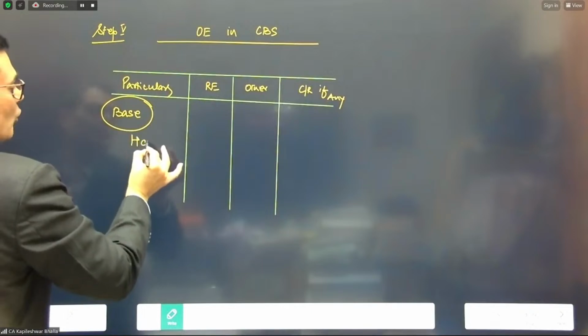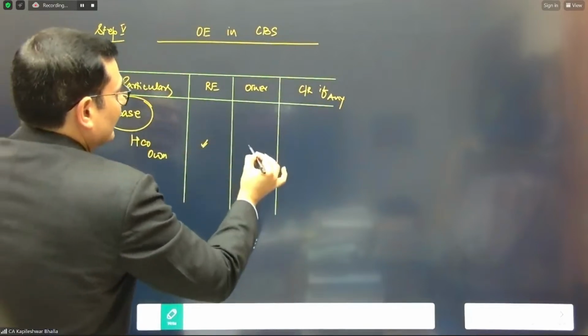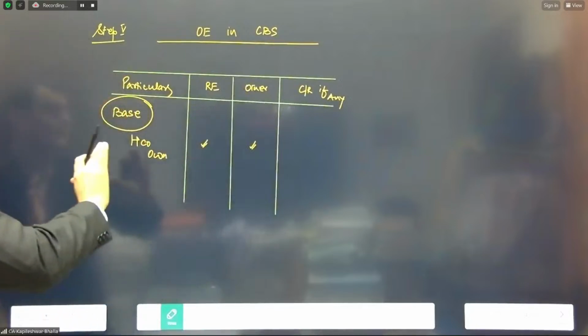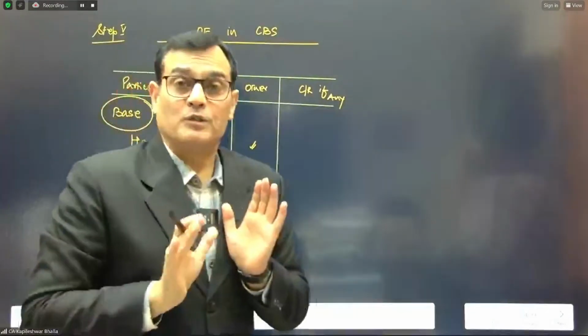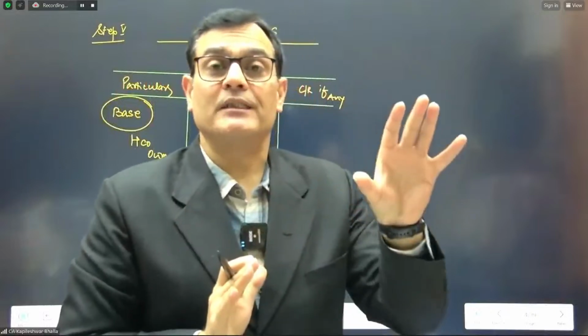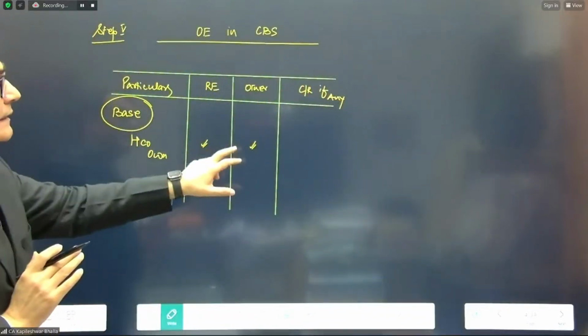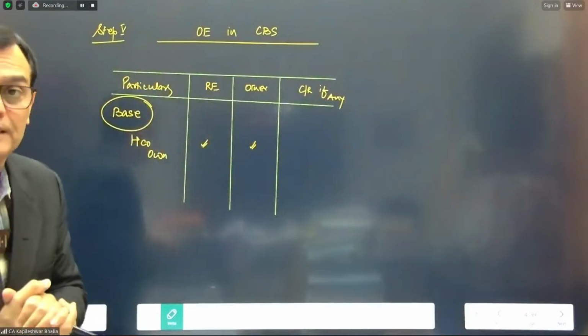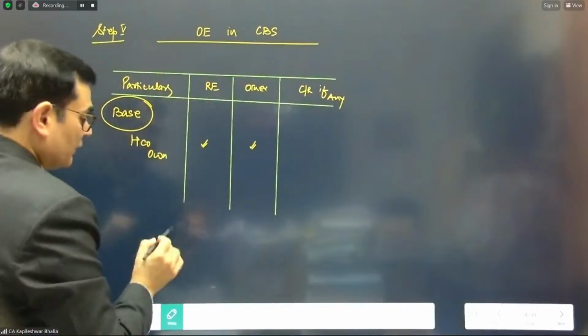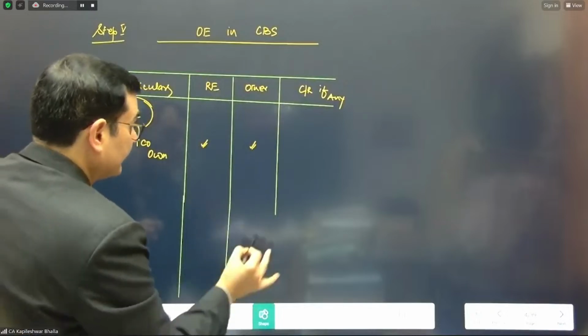You need to consider the holding company's own retained earnings and other components of equity, which will be available in the parent company's balance sheet. You look at the separate financials of the parent, and the retained earnings and the other components of the parent would be given clearly.